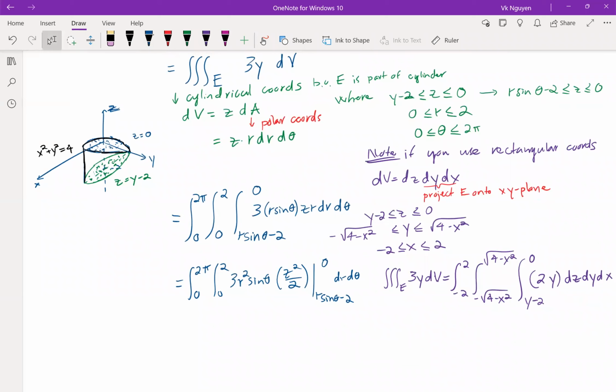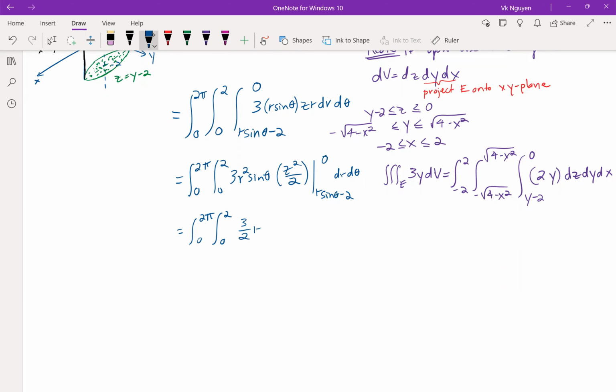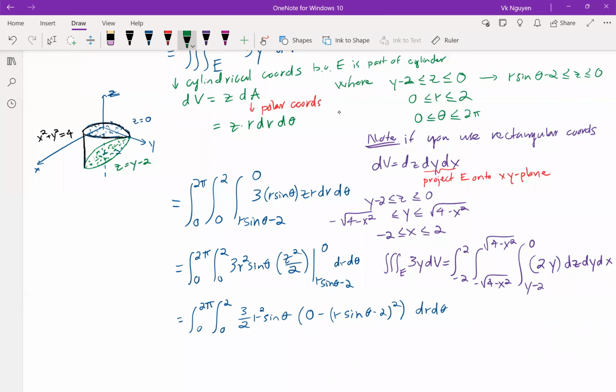Okay, plug it in here. Then you just have to be a little careful with this thing here. 0 to 2 pi, 0 to 2, r squared sine theta, 0 minus r sine theta minus 2 squared, dz dr d theta.